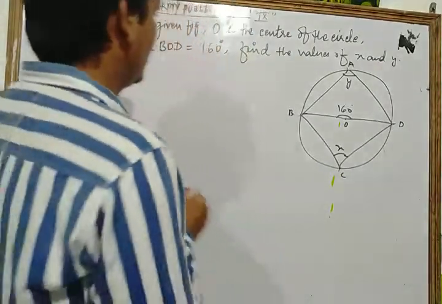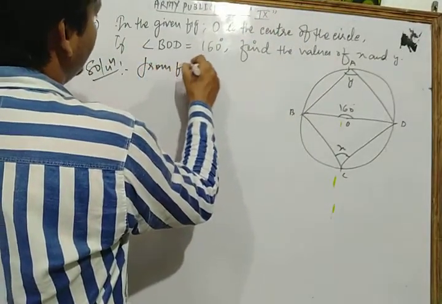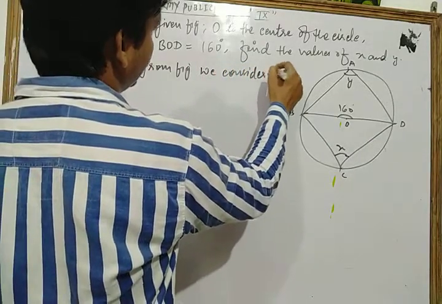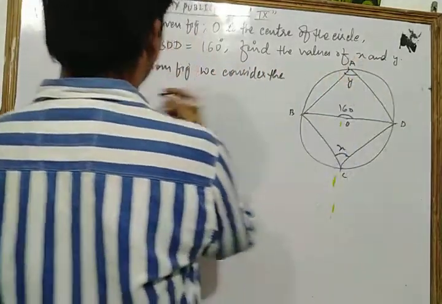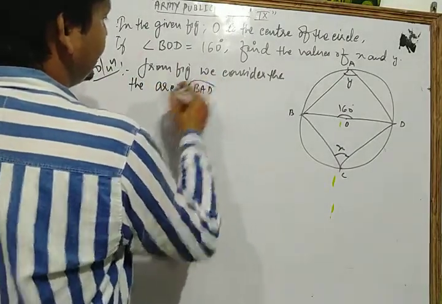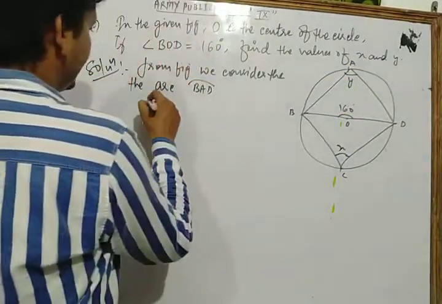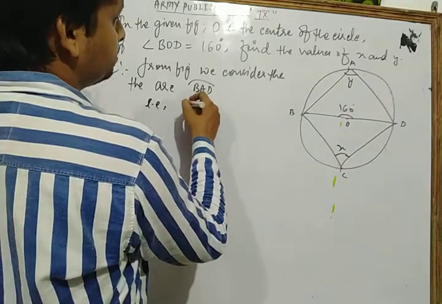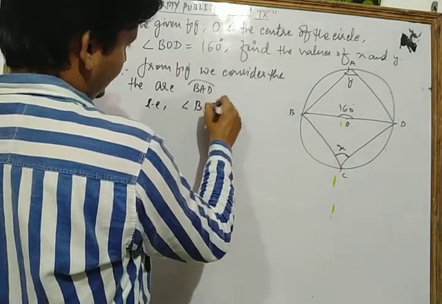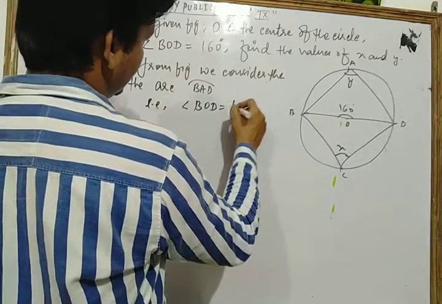Okay, now let's see. From the figure we consider the arc BAD, and the angle subtended by it at the center of the circle is angle BOD, which is equal to 160 degrees.